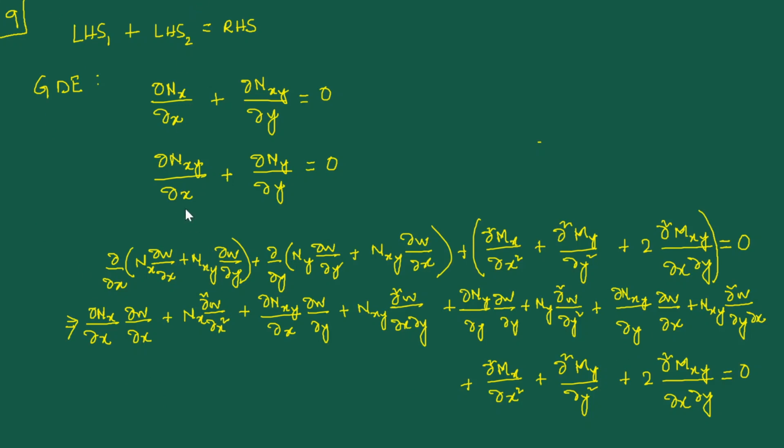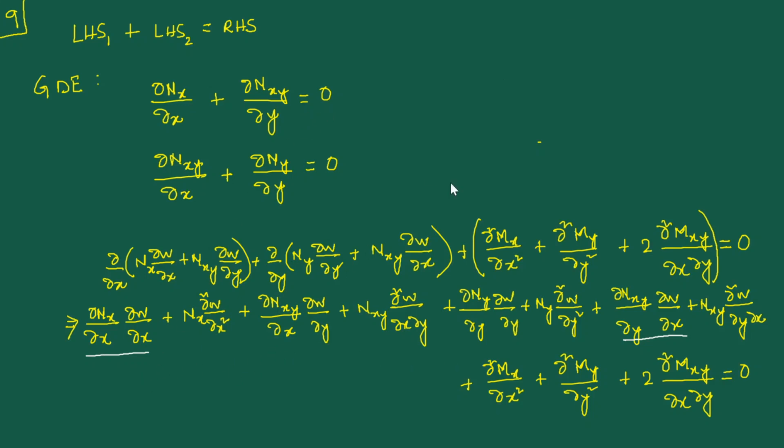Or rather, since I have the presence of these terms, I can maybe skip a step and try to cancel these out in this fashion. So I'm going to consider this term together with this term and this term. So together they will have this del nx del x plus del nxy del y, which is nothing but 0.